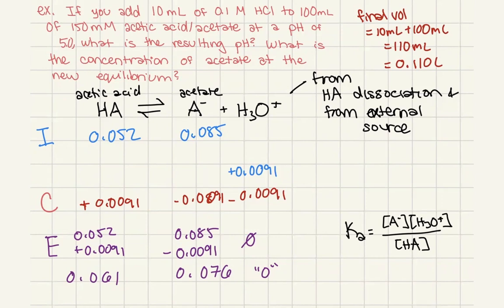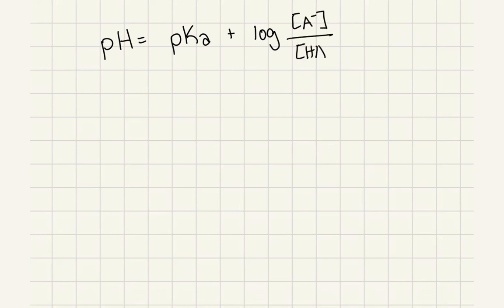And so now let's try to figure out our pH using our Henderson-Hasselbalch equation. If we remember, the Henderson-Hasselbalch equation tells us that the pH equals the pKa plus the log of our conjugate base over our conjugate acid. Now that we know the concentrations of our conjugate base and conjugate acid, we can calculate the pH.